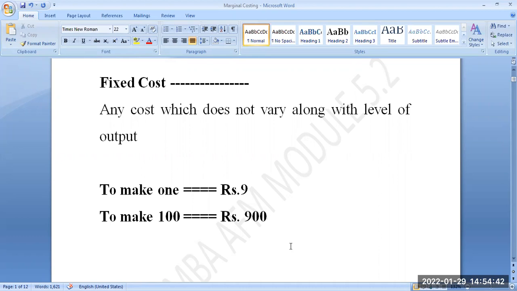Unlimited plan, if you have, that is a fixed cost. Suppose 2000 rupees every month you have to pay and make unlimited calls. That 2000 rupees is an example of fixed cost. Some companies are giving unlimited plans like that. So anything like that is called a fixed cost.